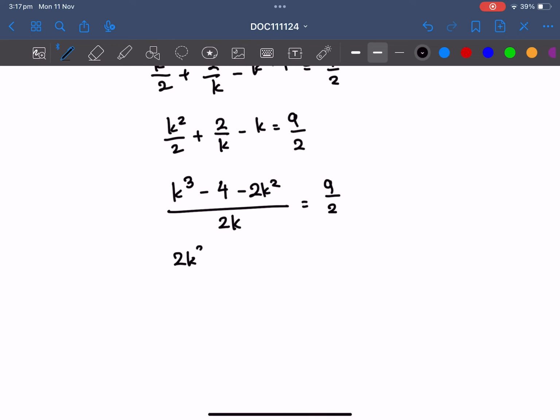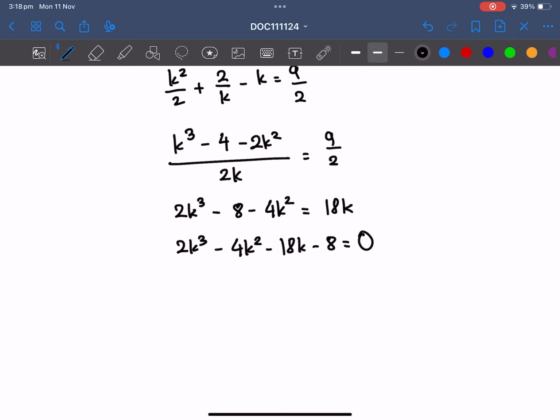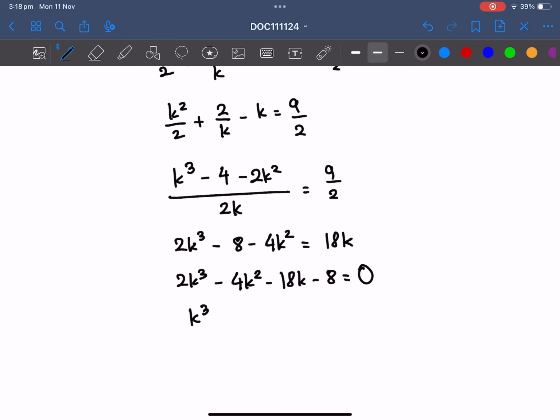So 2k cubed minus 8 minus 4k squared equals 18k. Yep, so then 2k cubed minus 4k squared minus 18k minus 8 equals 0. So now we just divide by 2, so k cubed minus 2k squared minus 9k minus 4 equals 0.